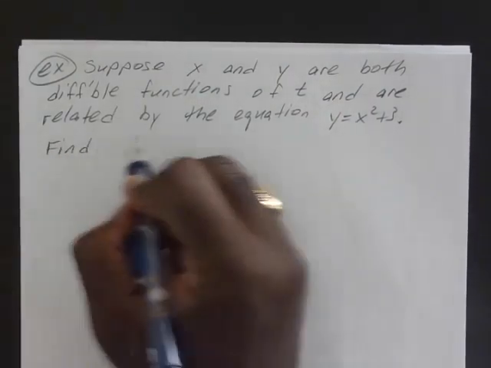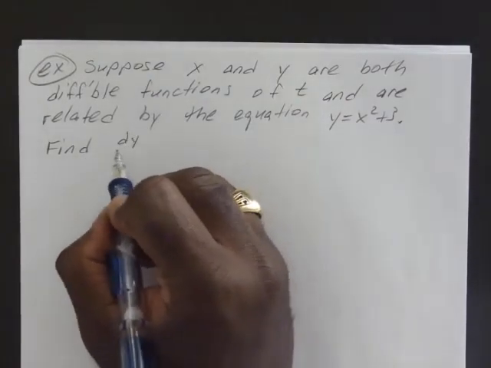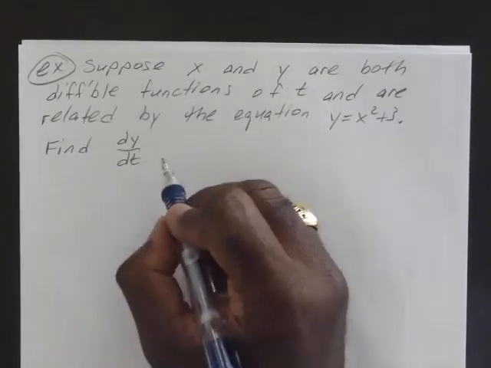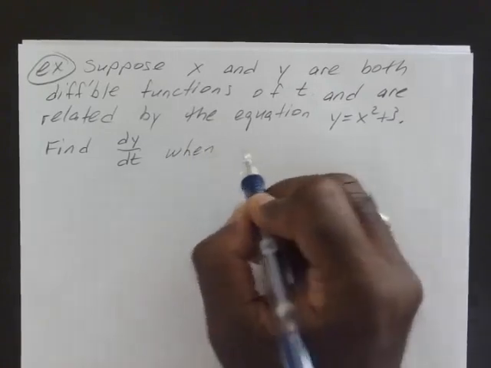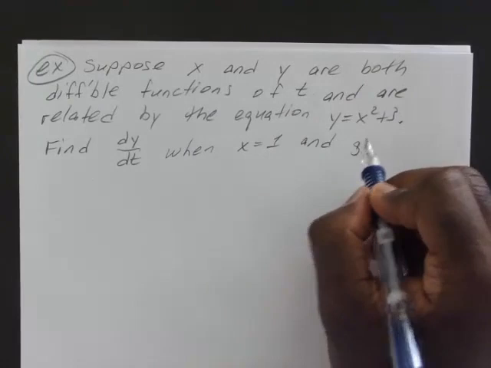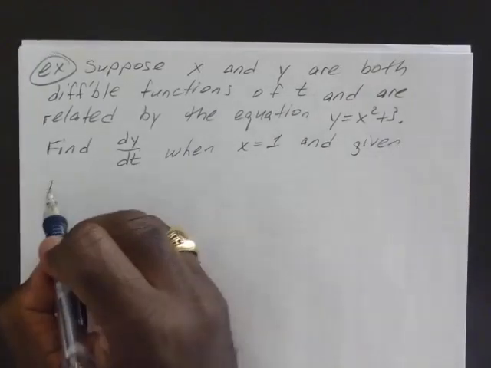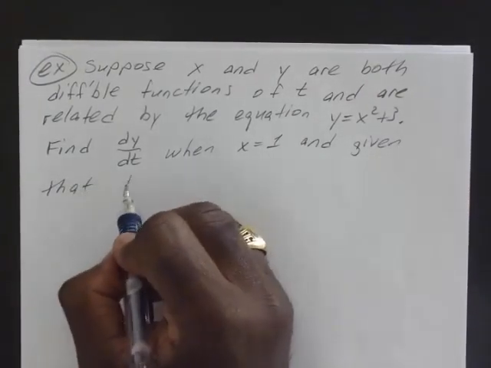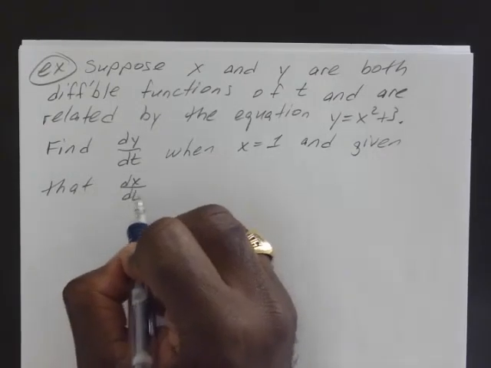And we want to find the derivative of y with respect to t when x is equal to 1, and it's given that dx dt is equal to 2.